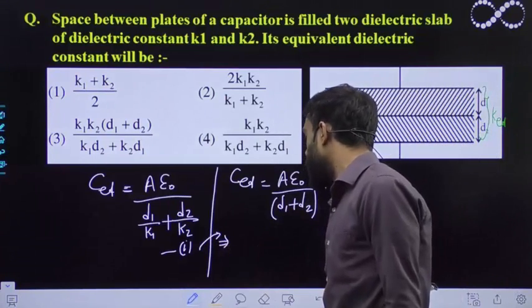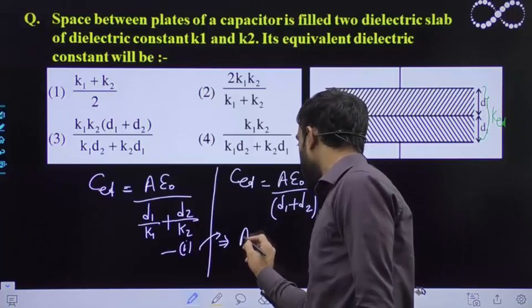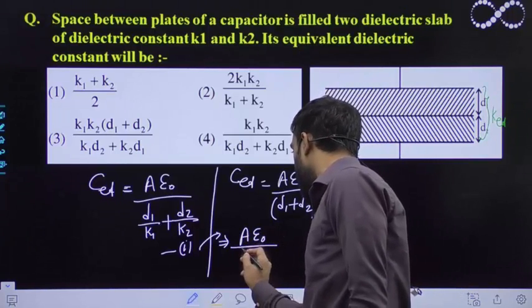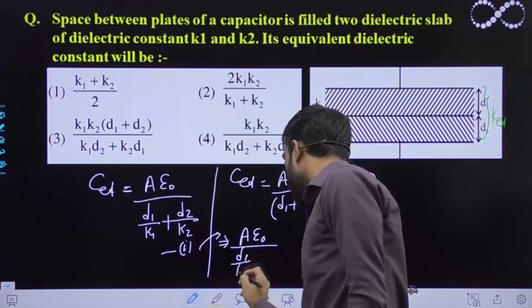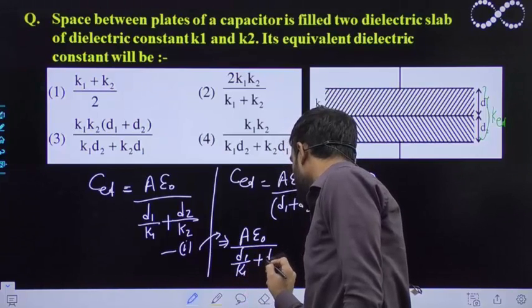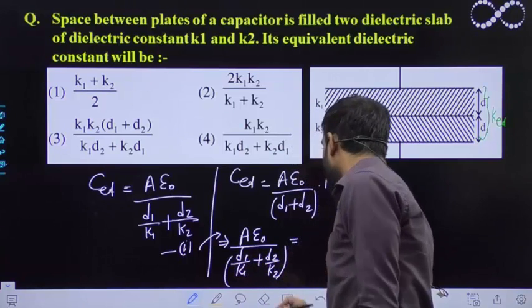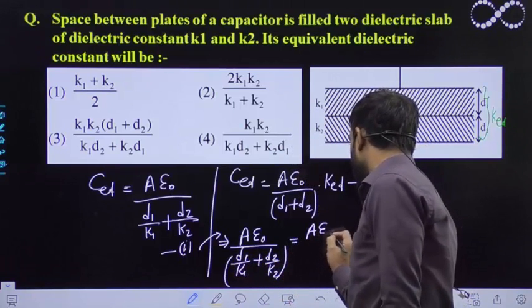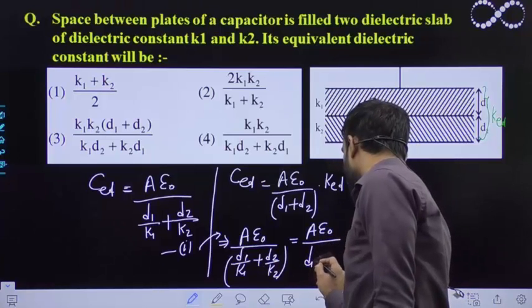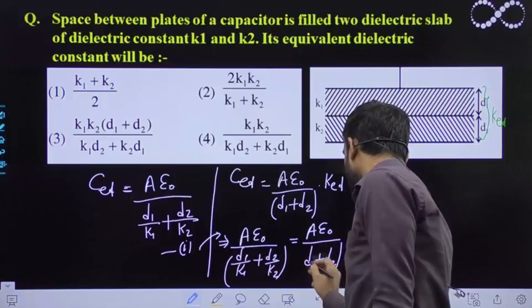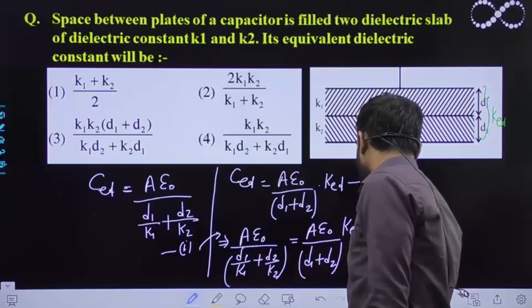So equating equation 1 and 2, I will say A epsilon naught upon D1 upon K1 plus D2 upon K2 is equal to A epsilon naught divided by D1 plus D2 into K equivalent.